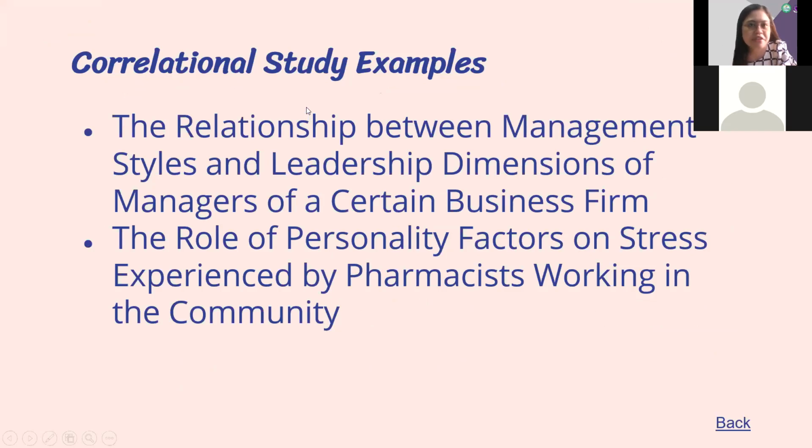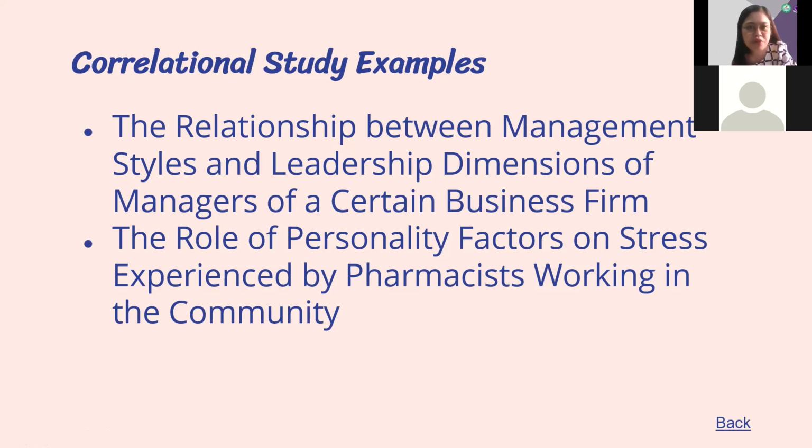Okay? I think I have examples here. Examples of correlational studies. We have the relationship between management styles and leadership dimensions of managers of a certain business firm. So meron ba daw relationship yung management style and leadership dimension? Dalawa yan. Yan yung kinukunan ng relationship.